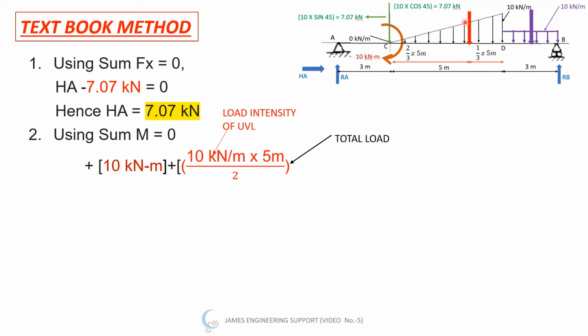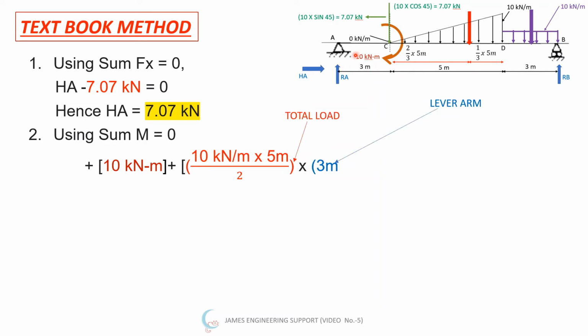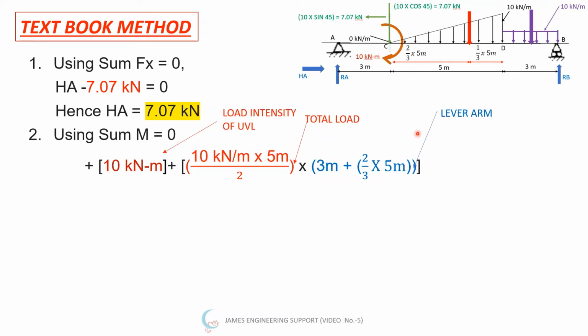Then we will have the triangular load, that is 10 kilonewton per meter multiplied by 5 divided by 2, which will be equal to the total load. Then we will multiply it with the lever arm, that is 3 meter plus 2/3 of this 5 meter, which will be the total lever arm for the triangular force CG.